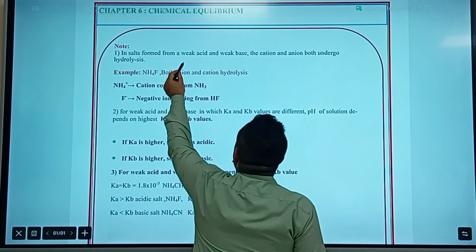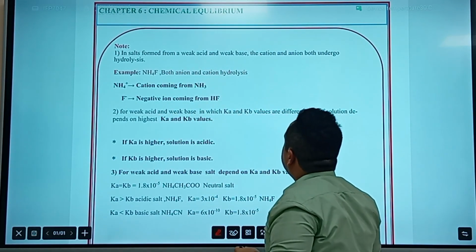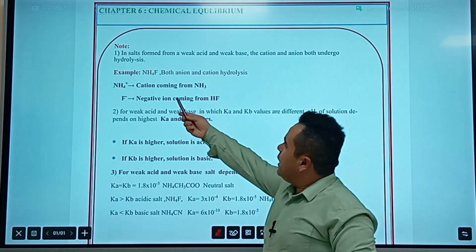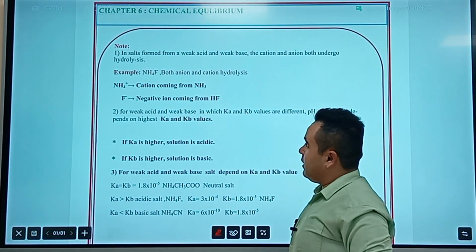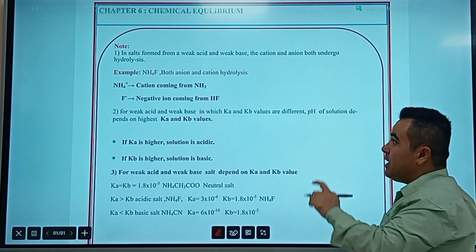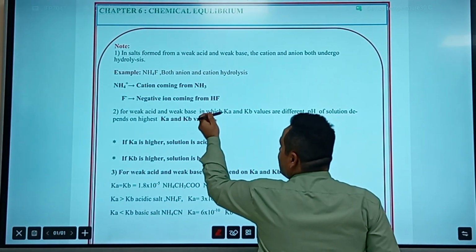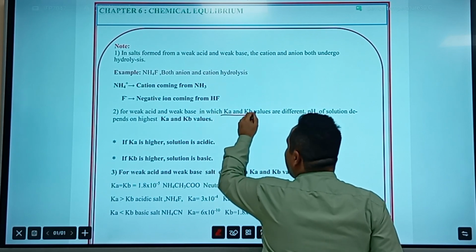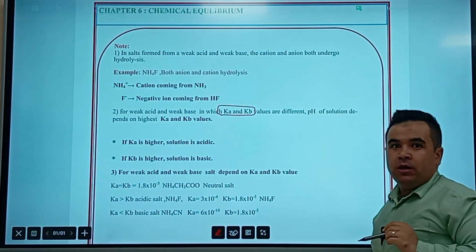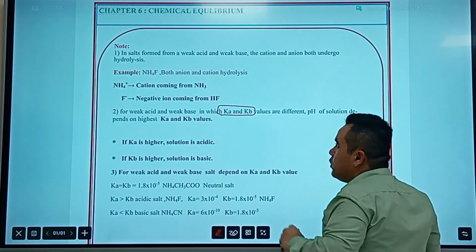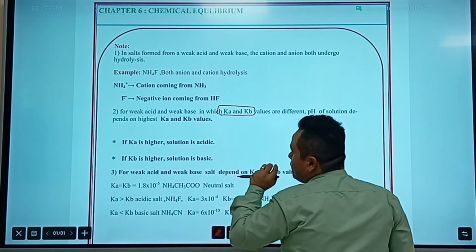If a salt is formed from a weak acid and a weak base, the cation and anion both undergo hydrolysis. So NH4F, both anion and cation, hydrolyze. If weak acid and weak base, we have Ka and Kb values. By determining the Ka and Kb values, we'll be able to know the type of the salt here.